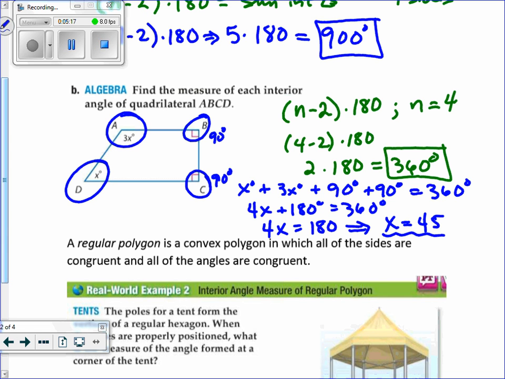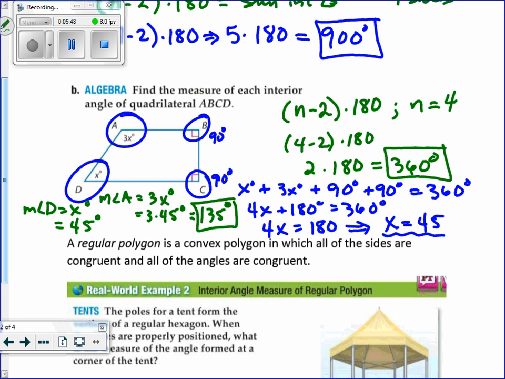Now that's not my answer, that's just what x equals, because it said find the measure of each interior angle. So I have to substitute that back in. I already know B and C are 90, but the measure of angle A, which is 3x degrees, would be 3 times 45. That's 135 degrees. And then the measure of angle D, which is equal to x degrees, would be 45 degrees. So now I know all 4 of my angles.